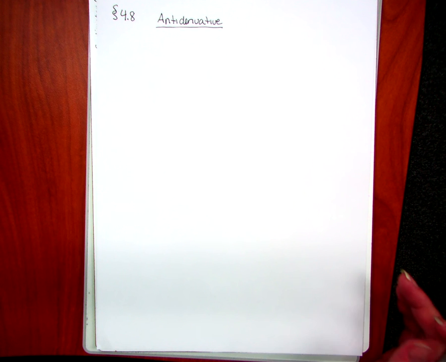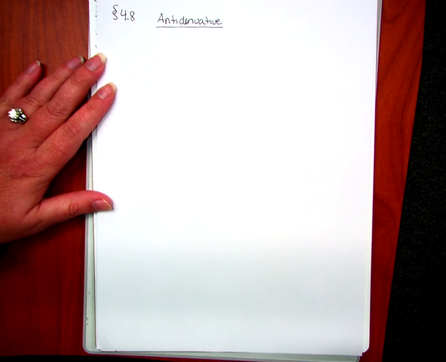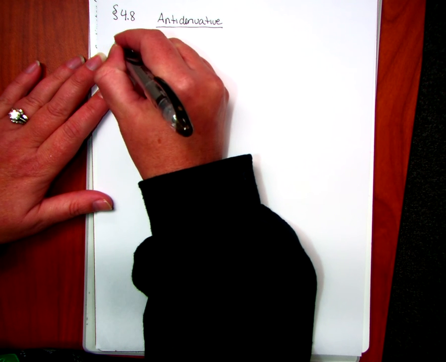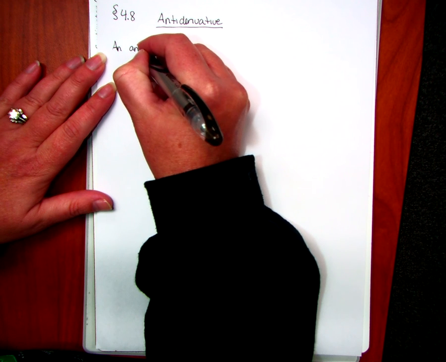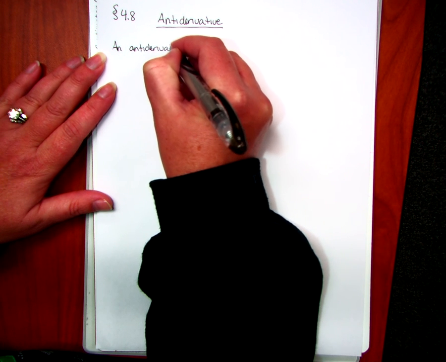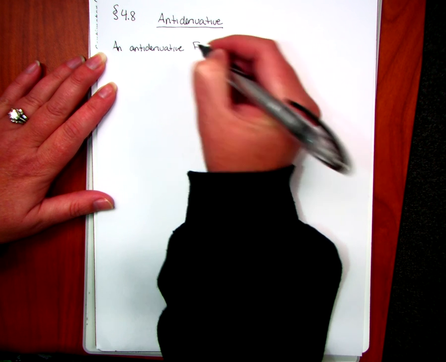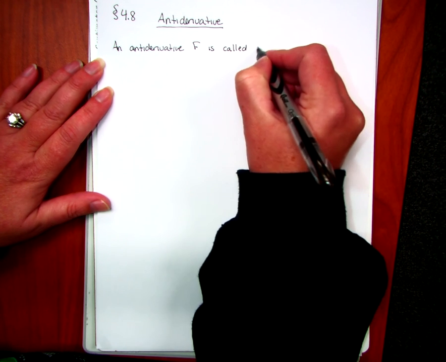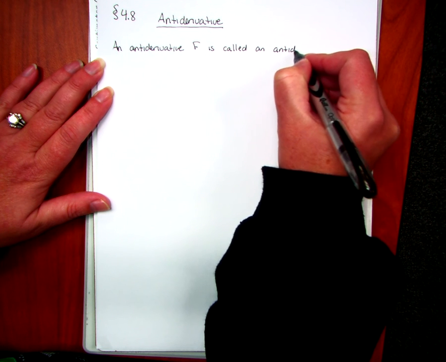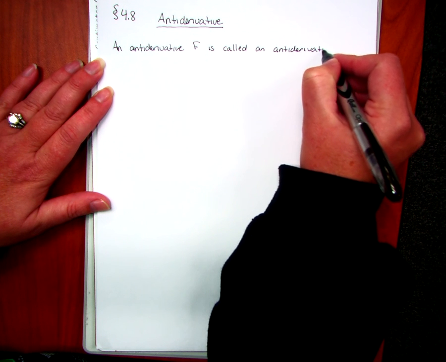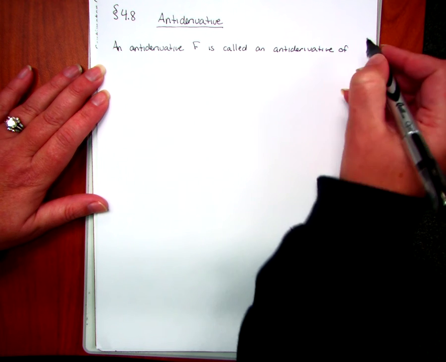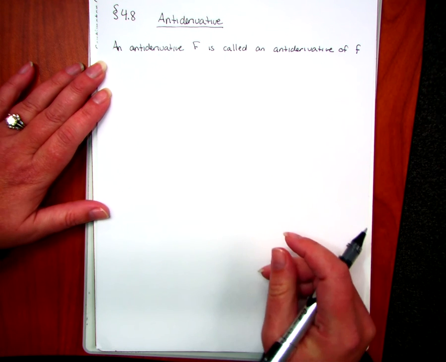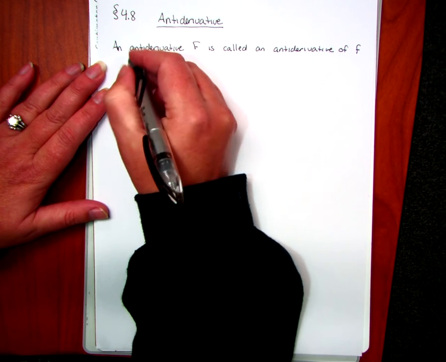Alright, section 4.8 is introducing the antiderivative. And so we have a definition of an antiderivative. So we're going to call this antiderivative capital F. So capital F is going to be an antiderivative of little f.